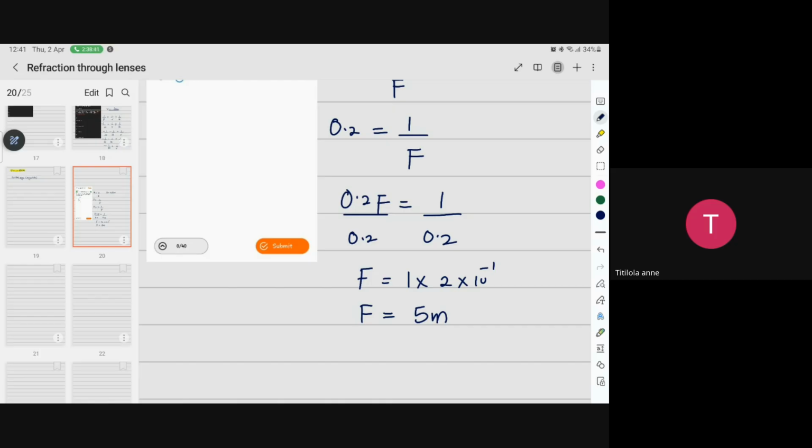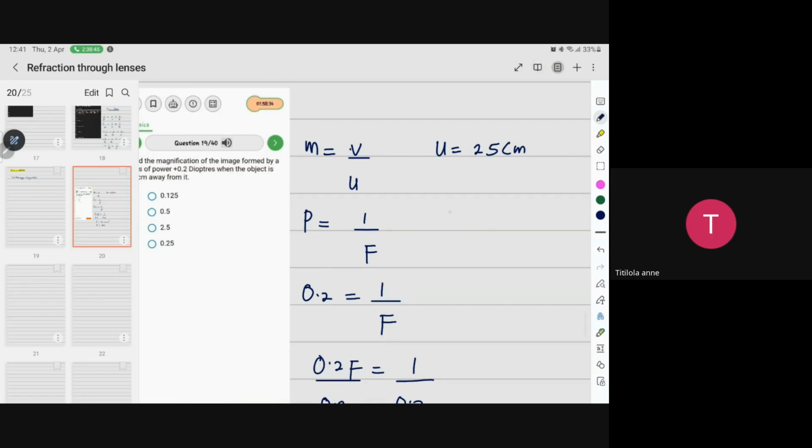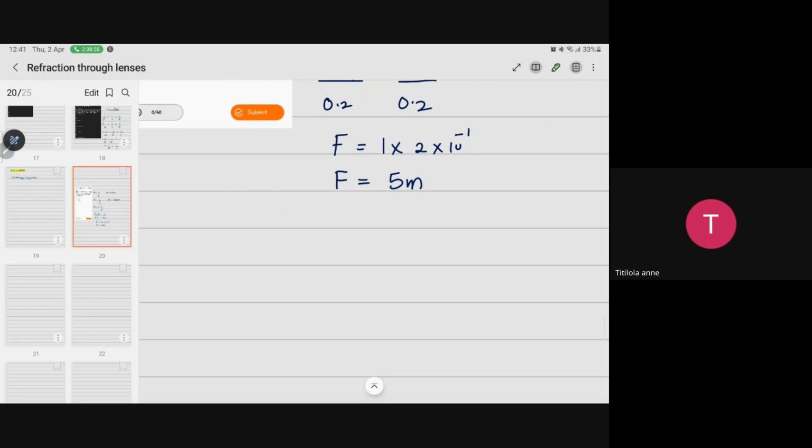Yeah, 5 meters. Remember that 1 meter will give us one dipole, right? Now I've converted, and converting this 5 meters simply means that F is equal to 500 centimeters, 5 times 100.